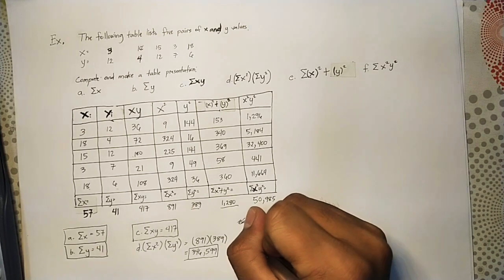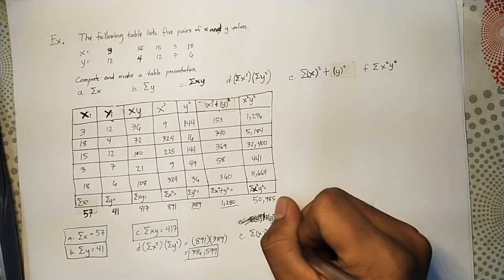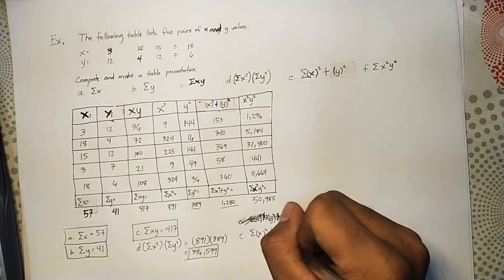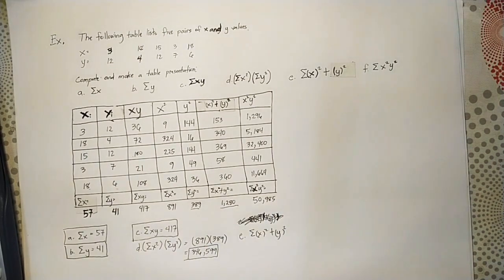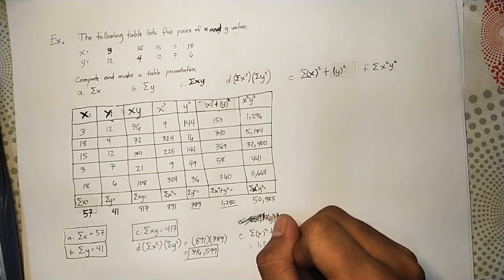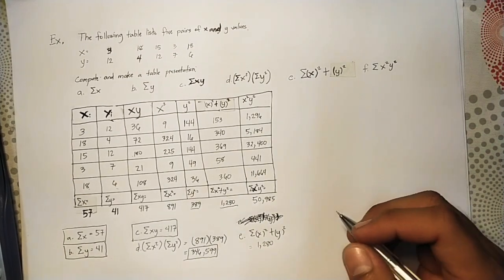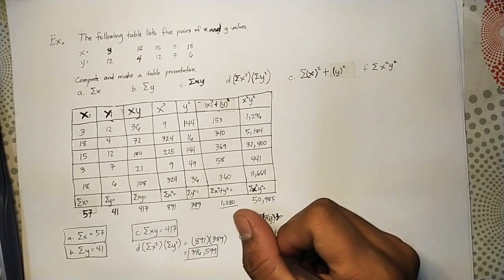Again, in our letter E, we have summation of x squared plus y squared. So, the answer is 1,280. Okay? So, in our letter E, this is the answer.